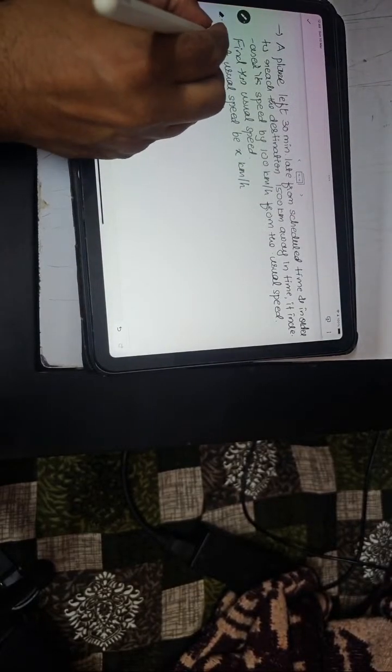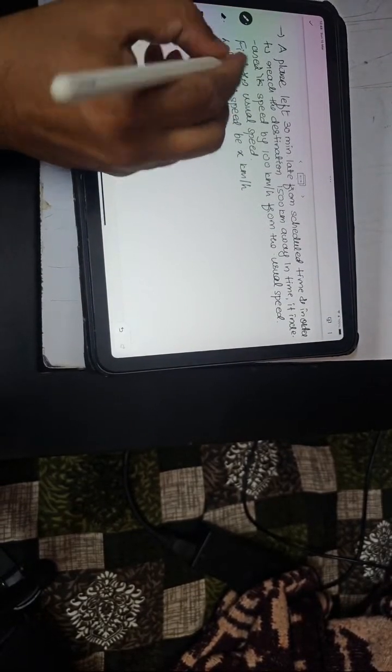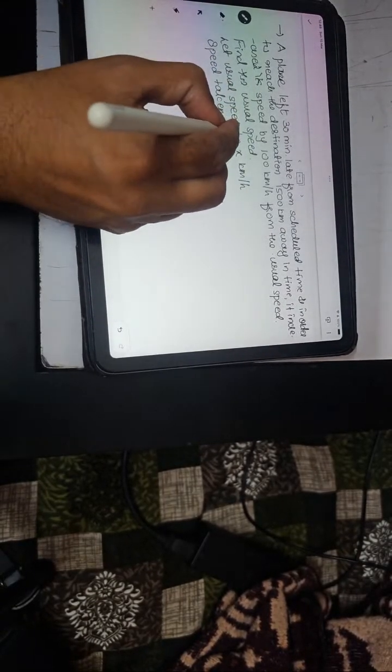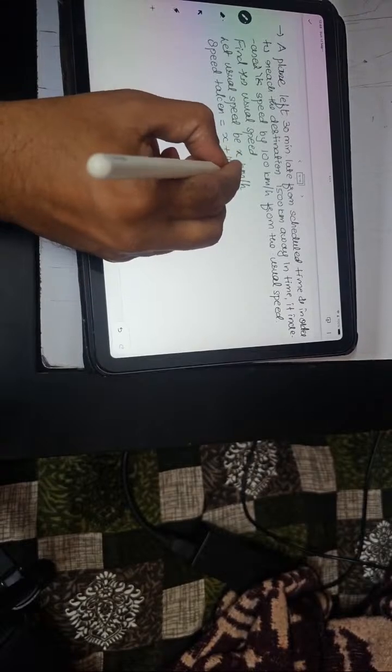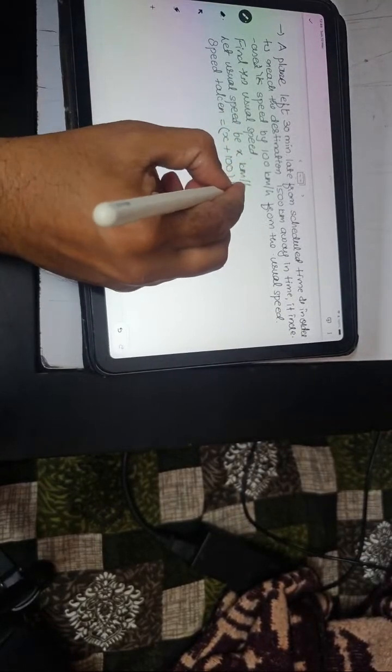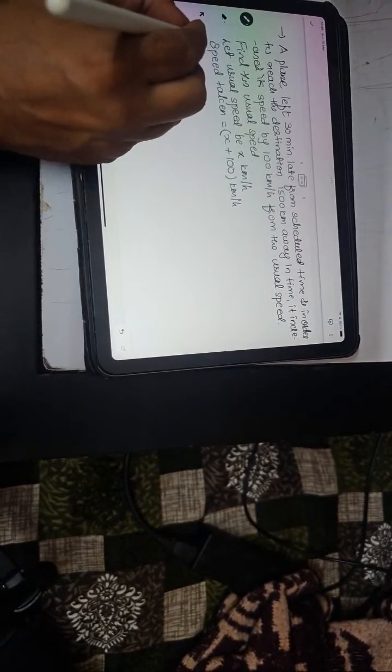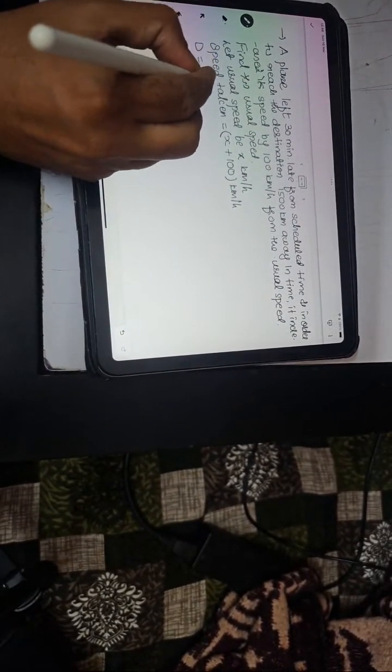So speed taken afterwards, that is, what speed it took, x plus 100 kilometer per hour, because it increased 100 kilometer per hour. So distance is 1500 kilometer.